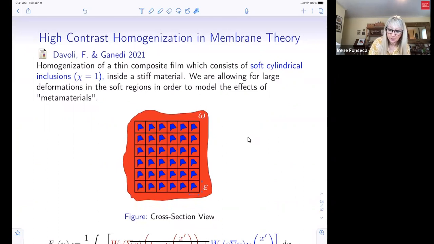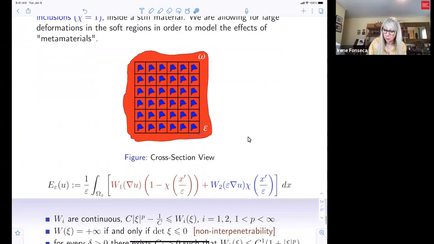So the blue things inside here will be soft inclusions. So again, it's a homogenization, except I have two materials, and one is stiff, which is the red, which is basically the matrix. And inside the matrix, I have these soft inclusions, okay? In particular, could be air, or vacuum, okay? And so this is what you have, right? That's what I have here.